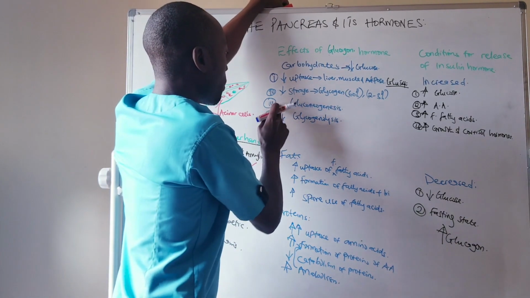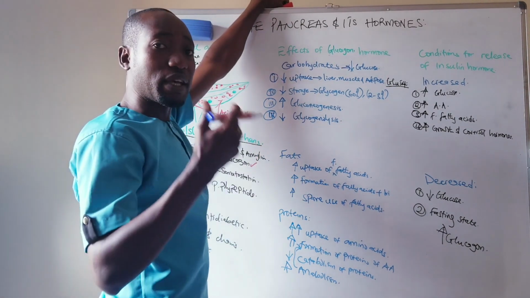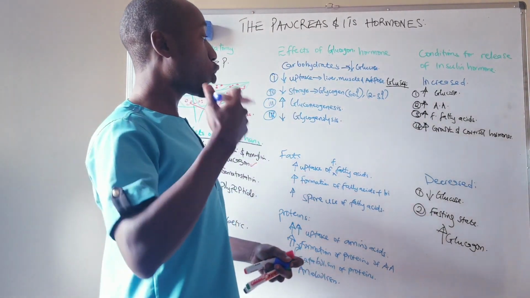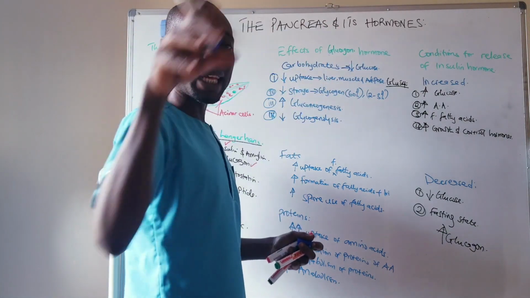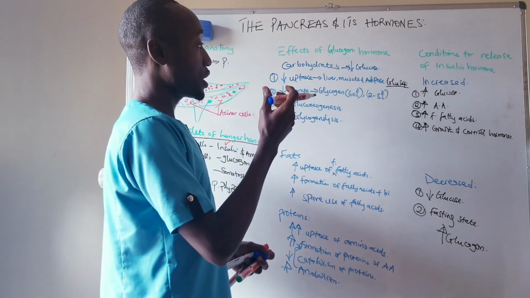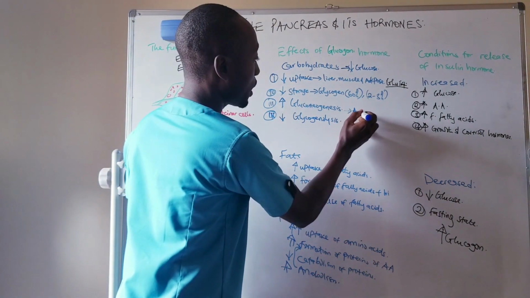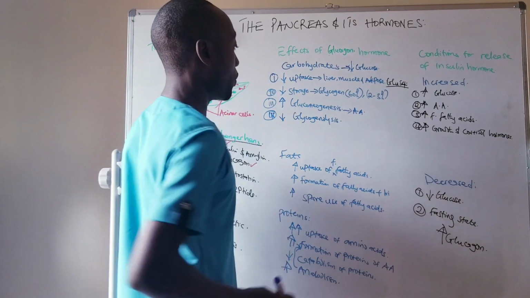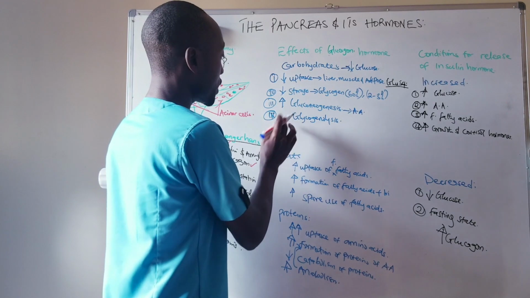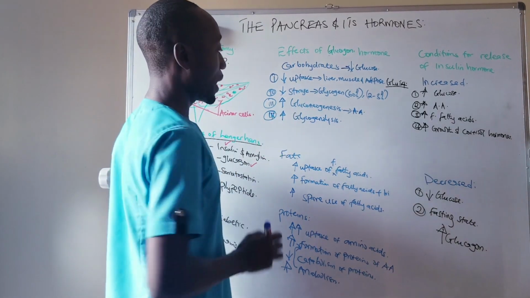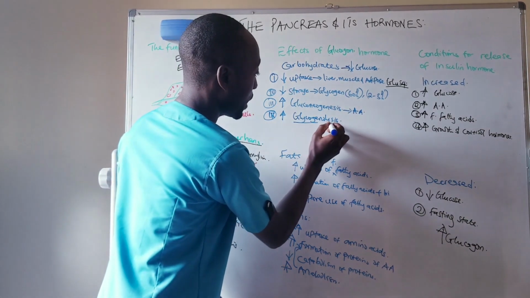Also, it is going to promote gluconeogenesis. So, we've said that gluconeogenesis is the process through which glucose is formed from other different sources that are not glucose, for example, amino acids. Okay, so meaning it is going to improve gluconeogenesis, and also it is going to increase glycogenolysis. In other words, breakdown, this is glycogen, then lysis.